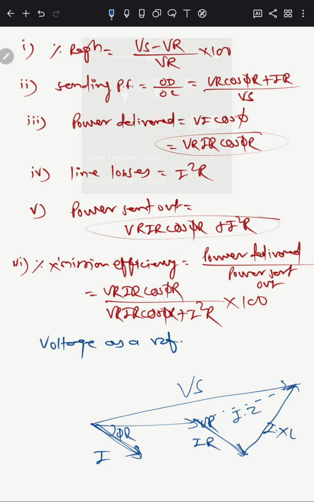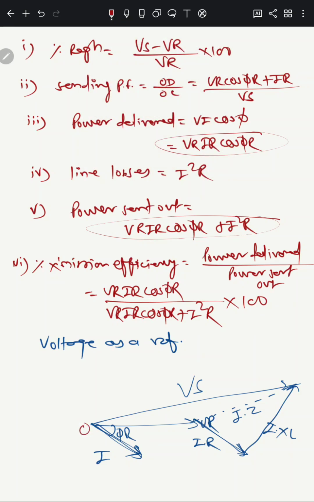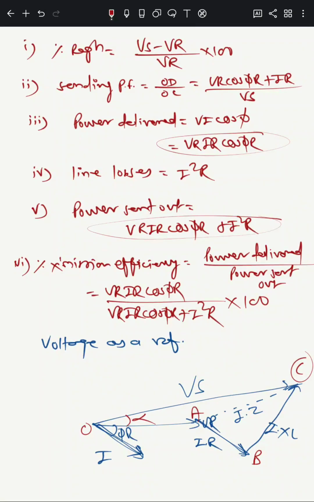So I got my points as O, then C, this will become A, B, and I can write here this angle as alpha. So from this also we can get this as a vector diagram considering voltage as a reference.